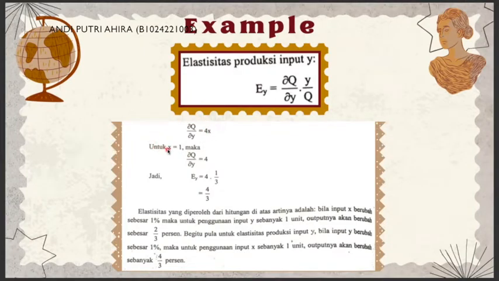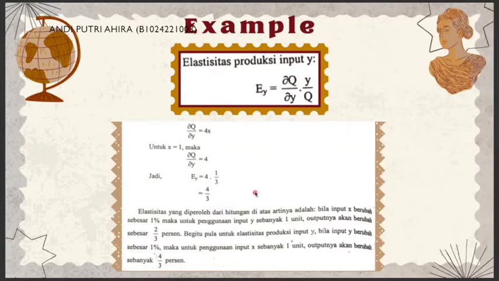So for x equals 1, partial Q with respect to Y equals 4. So EY equals 4 times 1/3 equals 4/3.